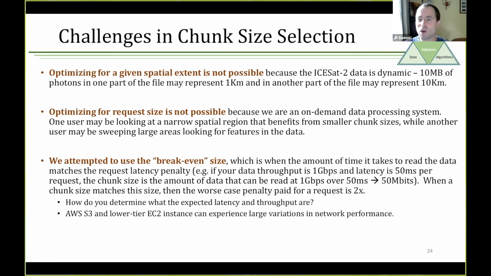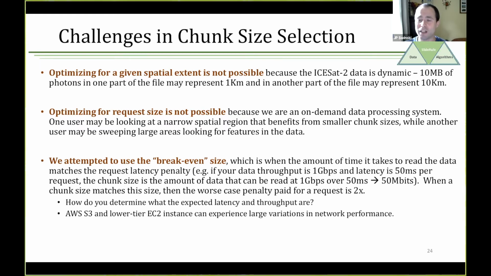And so, why not just choose a better chunk size? Well, that's not really going to work. It's a stopgap, but it's not an ideal solution. For ICESat-2 data, there's no strong spatial correlation to the amount of memory in the file.